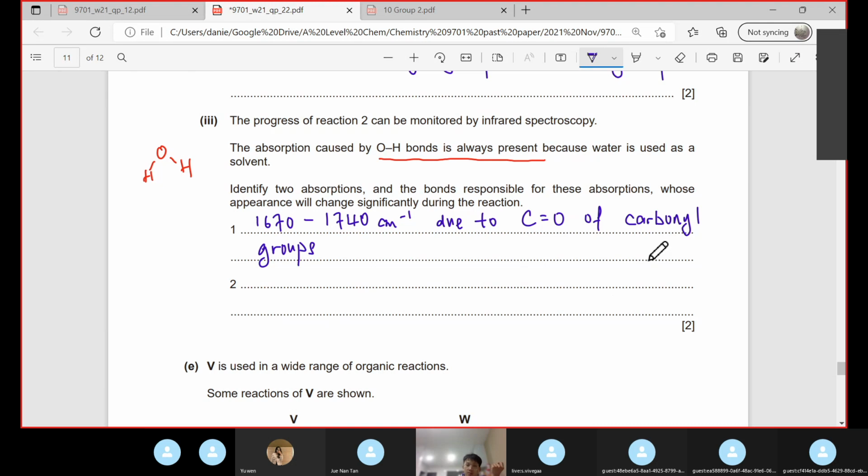But over here we have no choice, so it will be 1040 to 1300 per centimeter due to C-O single bond of alcohol. 2 marks.